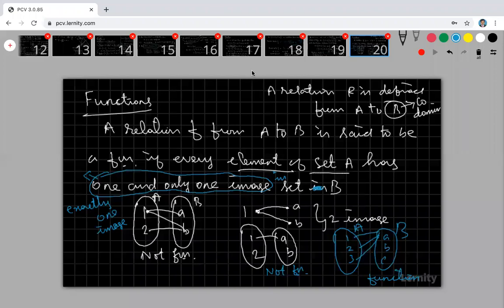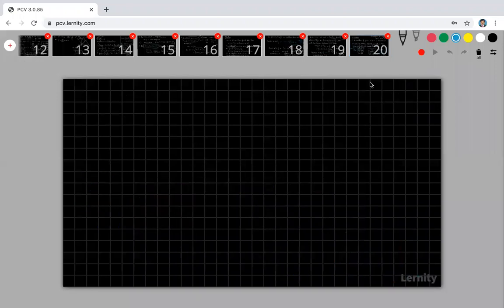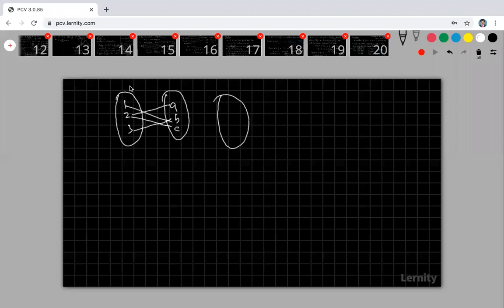Right? So now I am giving some examples. You please answer whether each is a function or not. Is this a function or not? First one. This is my second one.